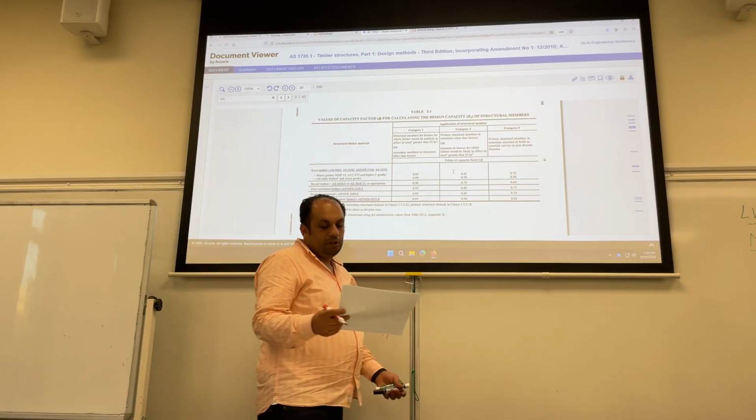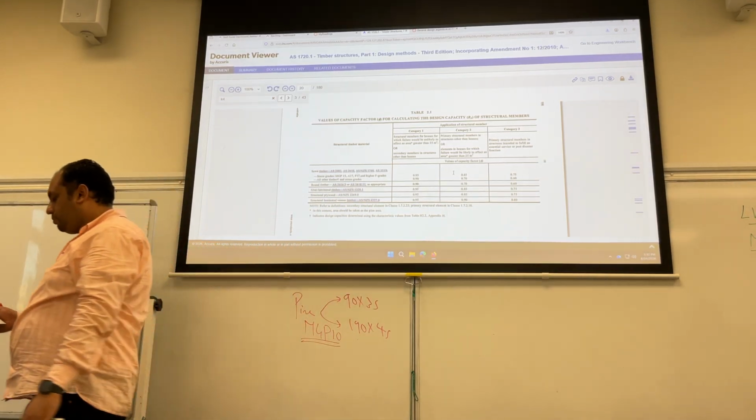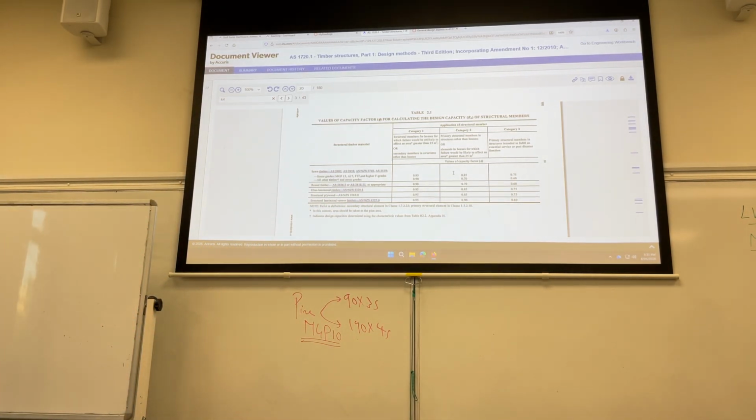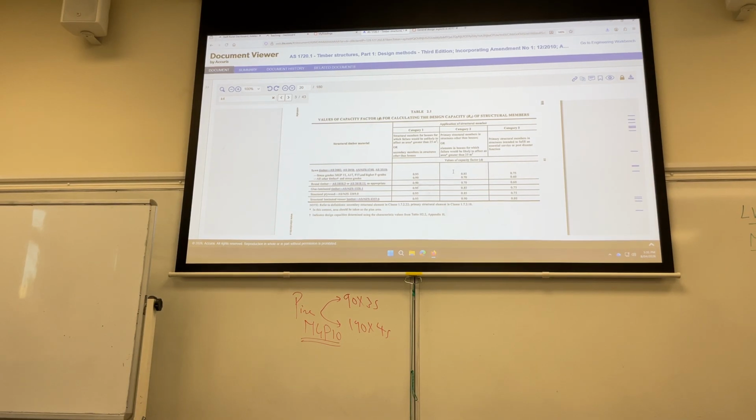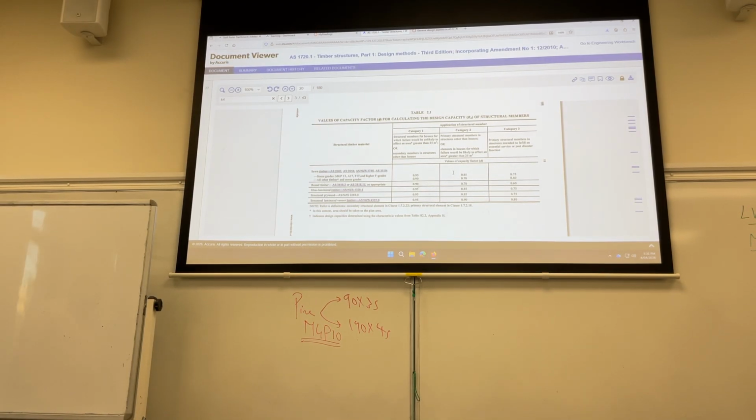Okay, so which phi will we use? 0.85. Why? Do we know if it is a primary section or secondary section?